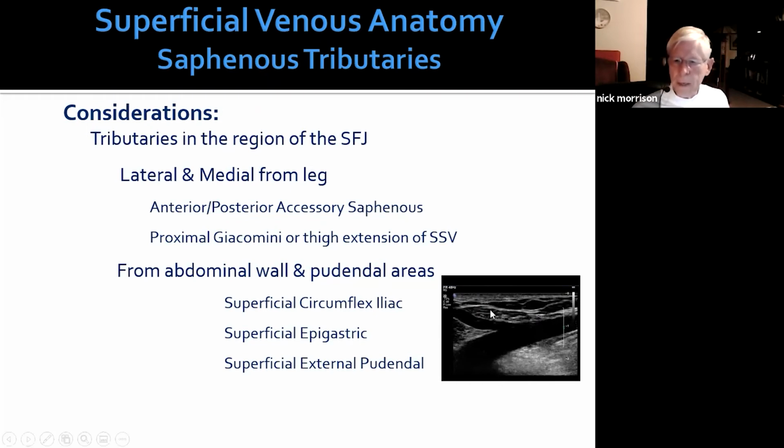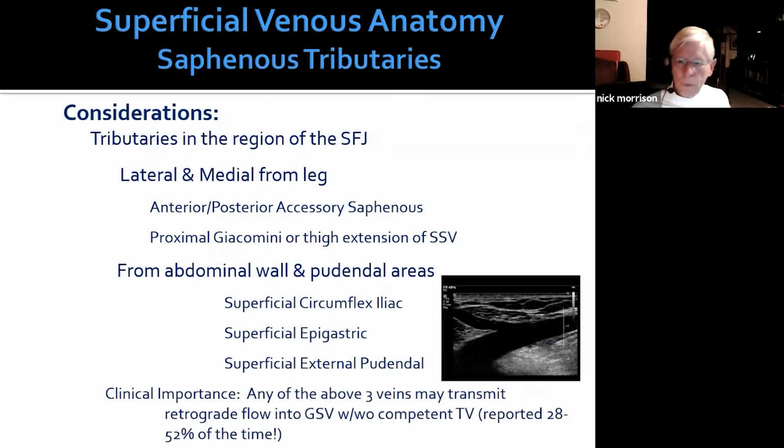Those all drain into the great saphenous vein, usually below the terminal valve. So if you have a competent terminal valve, these can drain from the pelvis and render the great saphenous vein distal to the terminal valve incompetent. And that's a very common presentation.